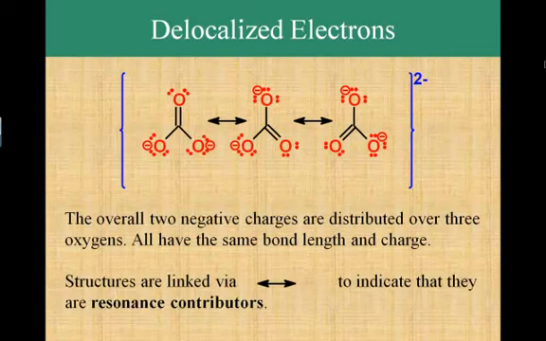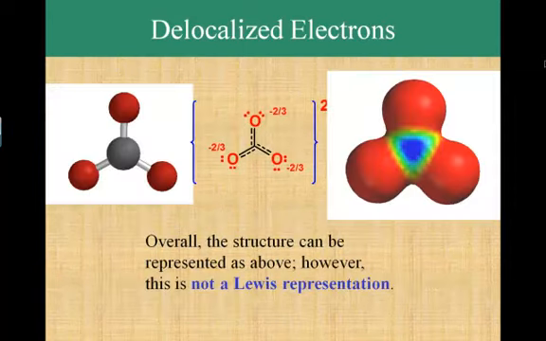When we draw the double-headed arrow between structures of this type, that is meant to indicate that these are resonance contributors, or resonance structures. To the right, you can see that we have an electron density map for the carbonate anion, and all three of those oxygen atoms have the same degree of negative charge.